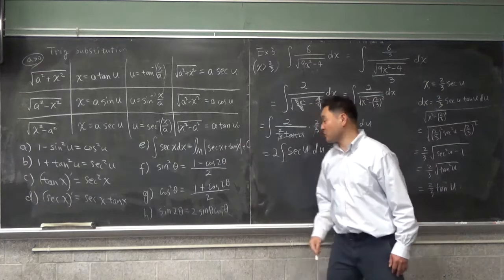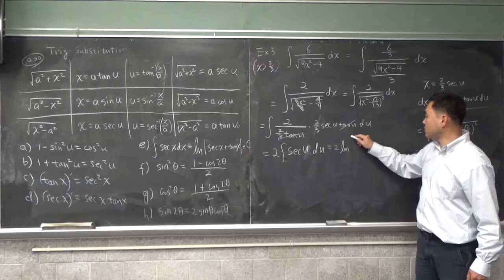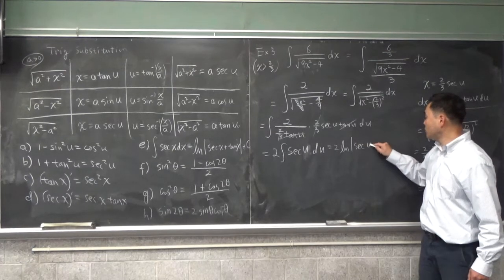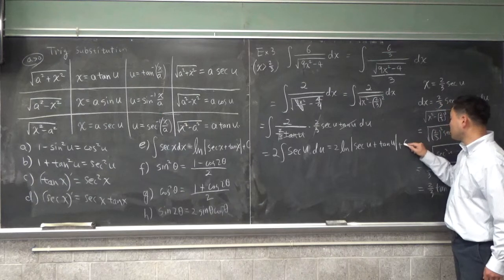And we have the formula here, right? It's 2 ln of secant of u plus tangent of u plus c.